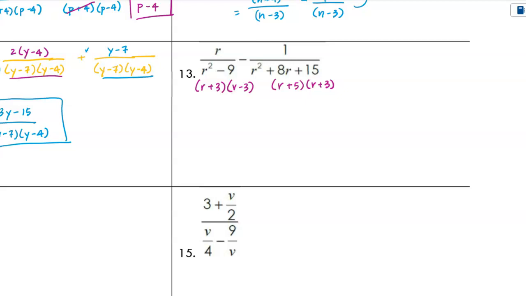First of all, the factor r plus 3. It appears once on both. Next, r minus 3 appears once, and then r plus 5 appears once. So r plus 3, r minus 3, and r plus 5.